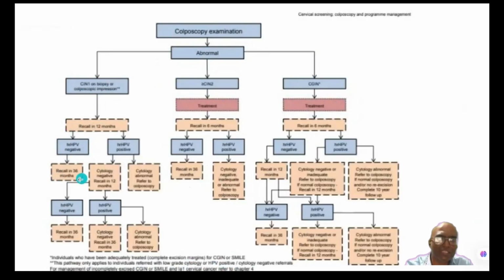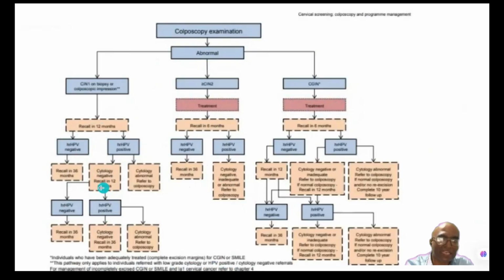Here always recall is in 36 months. Now here your HRHPV is positive, but it is only CIN1. Then what you do, you again recall in 12 months. These patients will be recalled again in 12 months because it is CIN1. The cytology is negative.